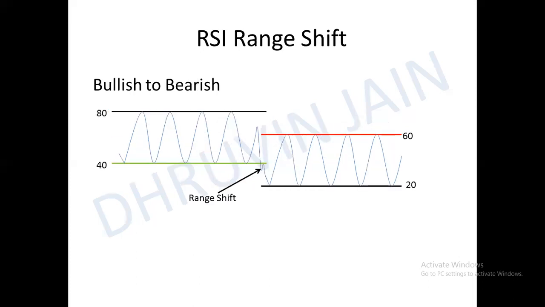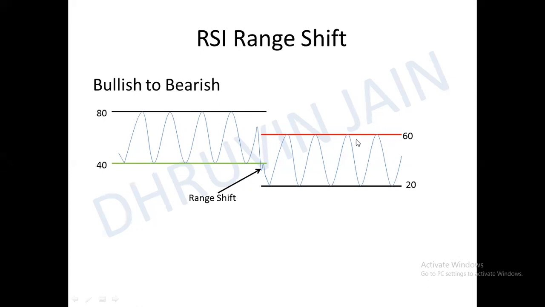Let me recap. When price shifts from uptrend to downtrend, RSI breaks the 40 support region, the 40 barrier, and shifts from the 80-40 region to the 60-20 region, where 60 starts acting as a great resistance.